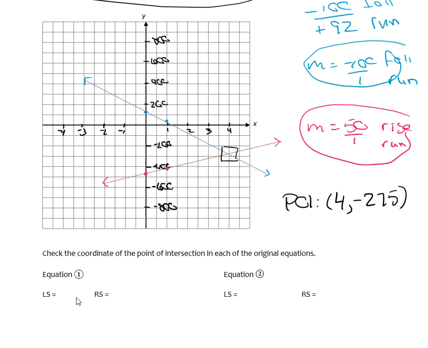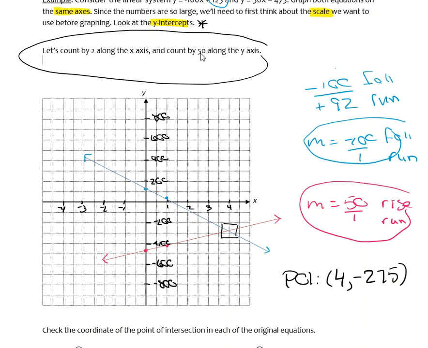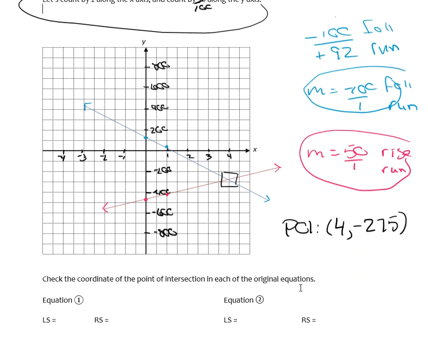If I had used the scale that I suggested, the point of intersection would be even clearer, because we counted by 100s, which made it harder to see. I probably meant count by half, not count by twos. So that one was okay.